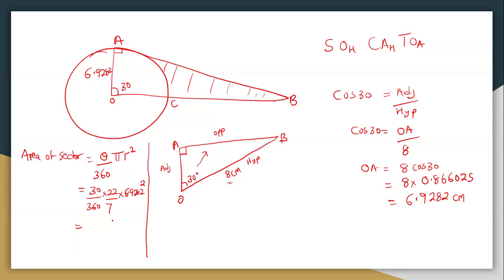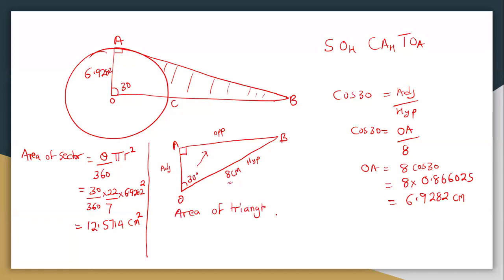The final answer? 12.5714. So that is the area of the sector. Now we can get the area of this triangle OAB.